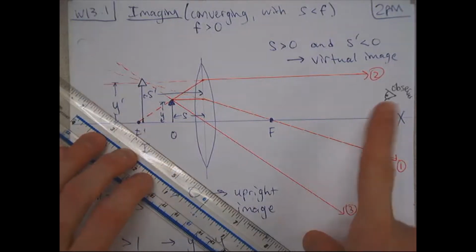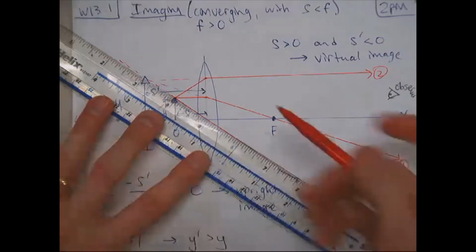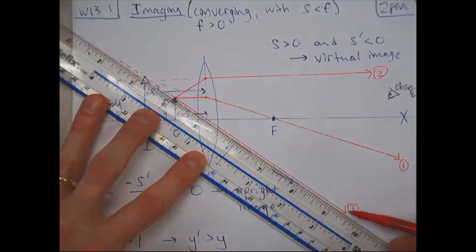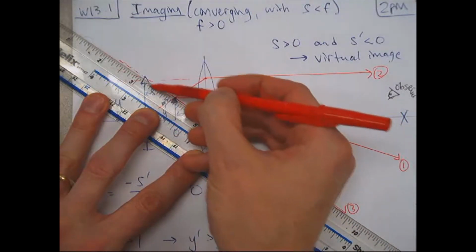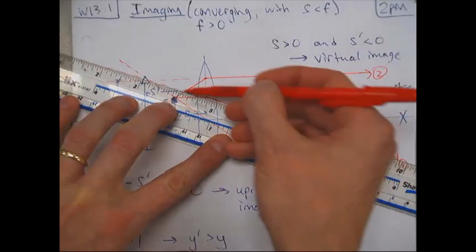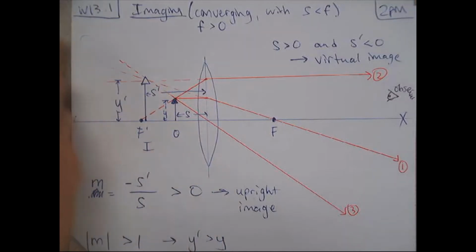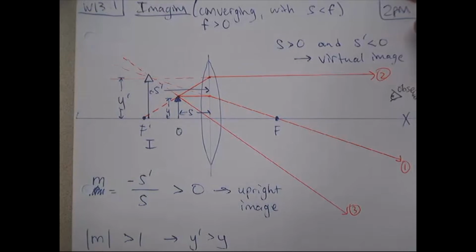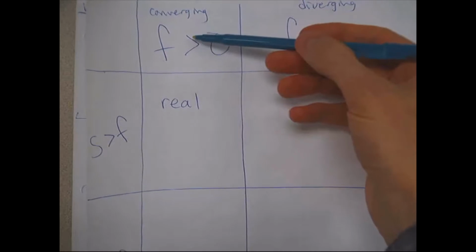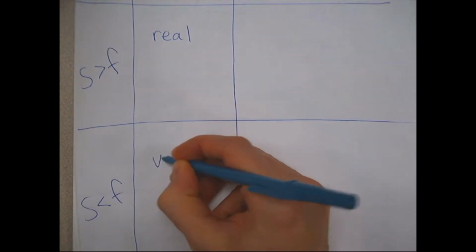Because all three of these light rays appear as though they're emanating from the same point. Extend your dashed lines back from the direction that the light rays are emerging from the lens. Extend it back here, extend it back there, and extend it back here. You can see they all appear to come from the same location, and that is the hallmark of a virtual image. So in that situation with the converging lens, with the object distance smaller than the focal length, you get a virtual image.